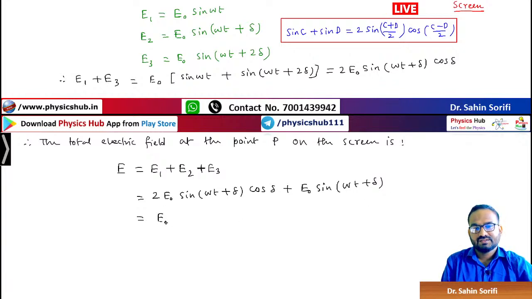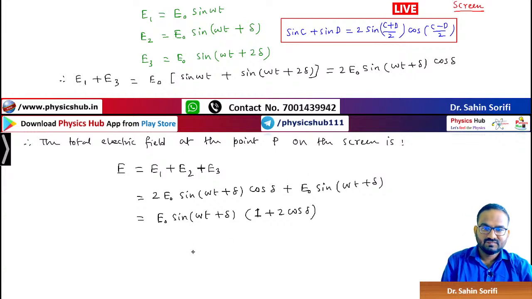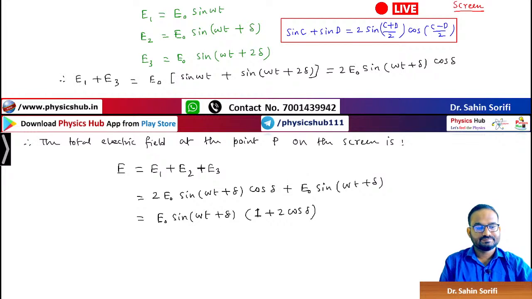Taking this common term E naught sin(omega t plus delta), you are left with 1 plus 2 cos delta. Delta is equal to 2 pi by lambda into d sin theta.